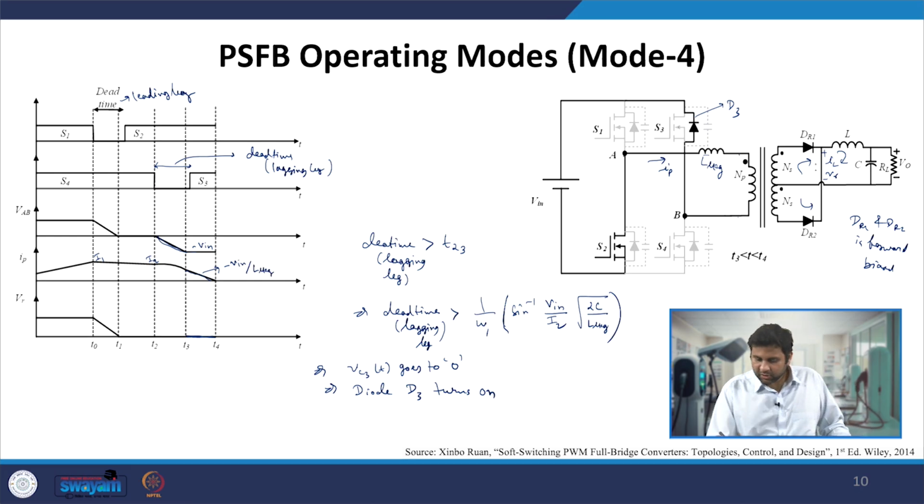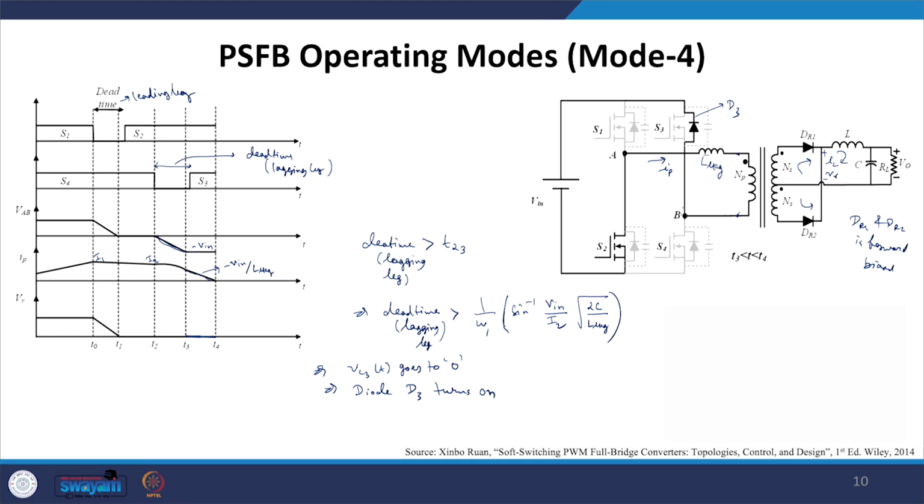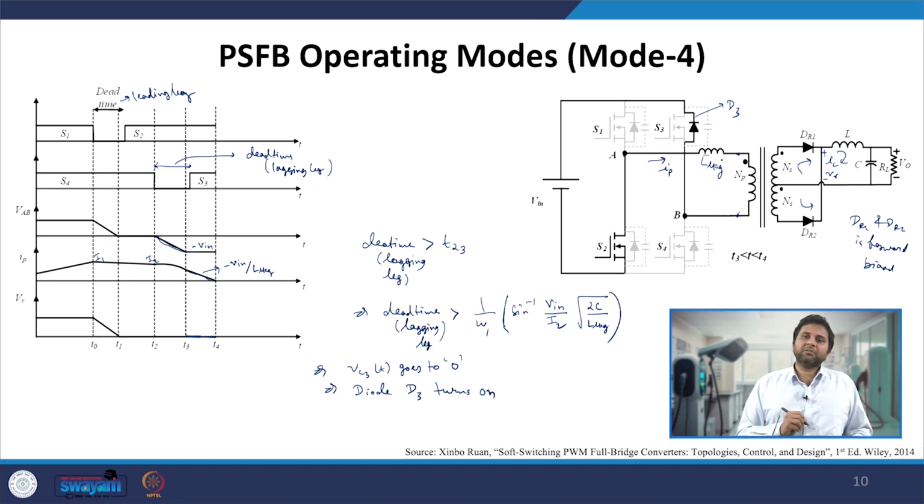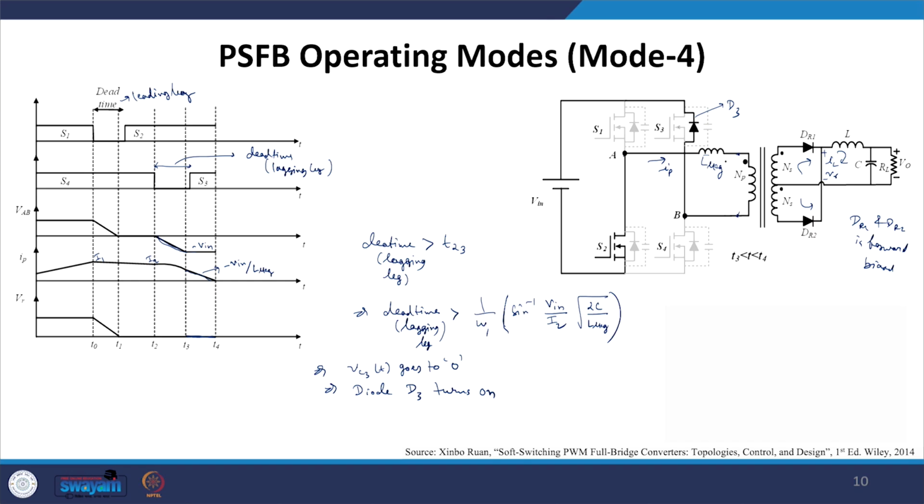Why? Because your DR1 and DR2 are forward biased, that's when the secondary winding is fully short circuited. Since the secondary winding is fully short circuited, the voltage at this point is nearly 0. The VAB is appearing only across the L leakage, and we know that the VAB is minus Vin, so this will be appearing across the L leakage.